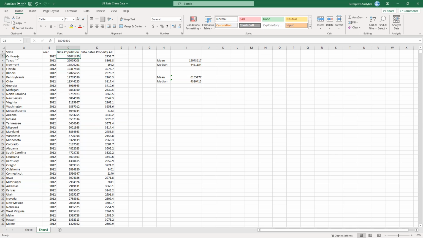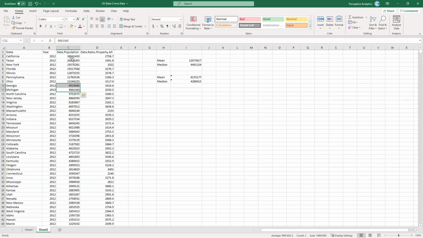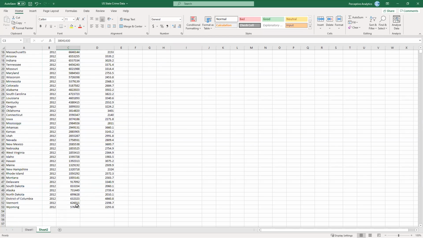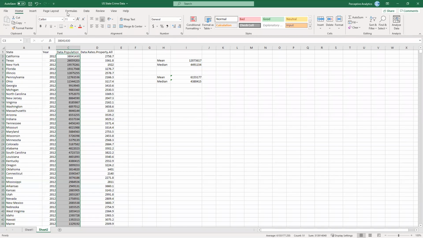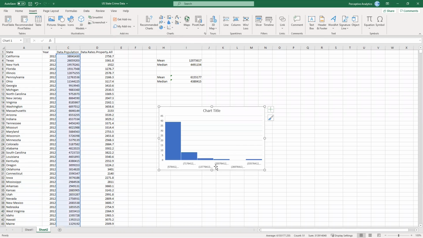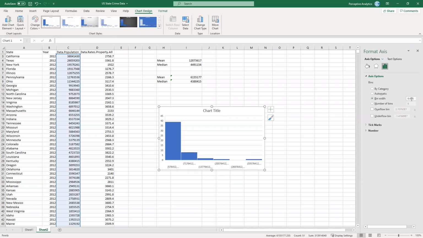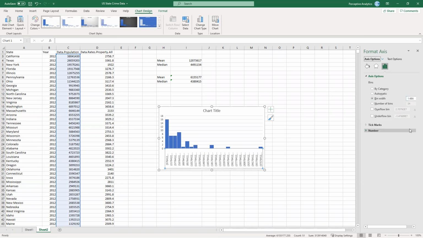So even when we are looking at the states, let's try and get the distribution of these, so we will understand the outliers a little better.